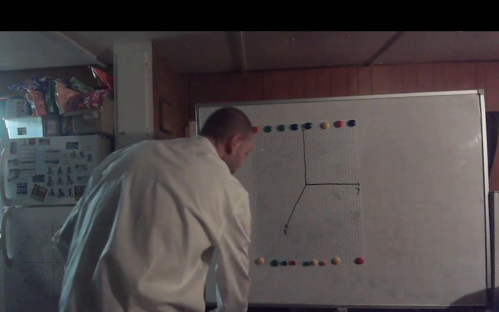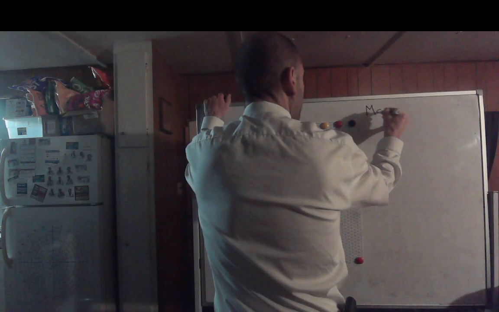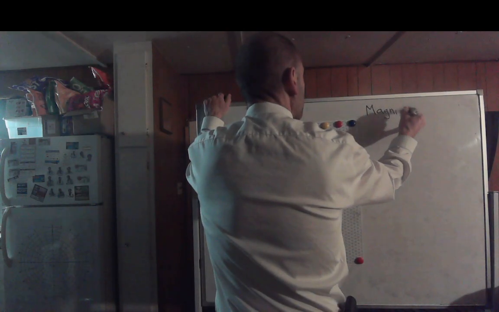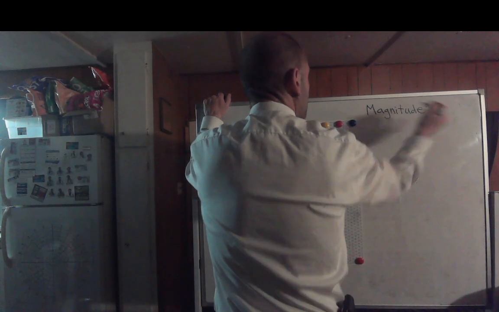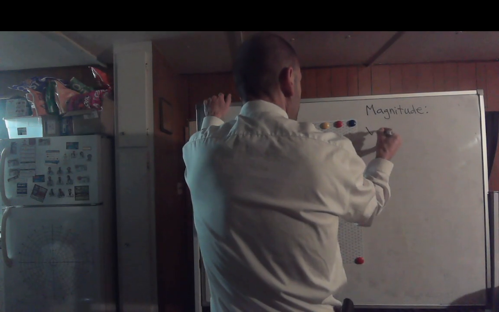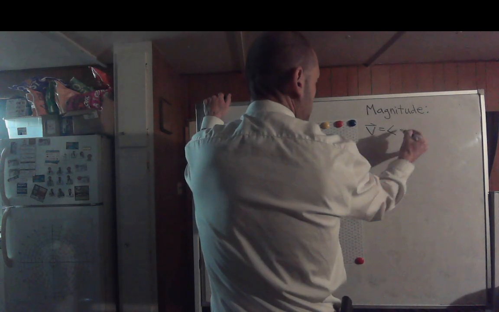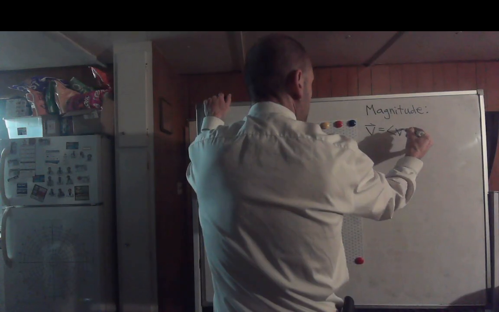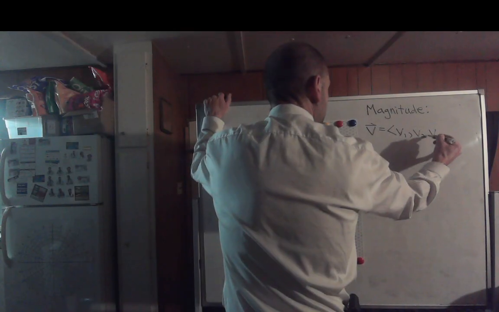Alright, so the magnitude goes off of the distance formula. So for the magnitude, let's say you have vector v with arbitrary components v sub 1, v sub 2, v sub 3.